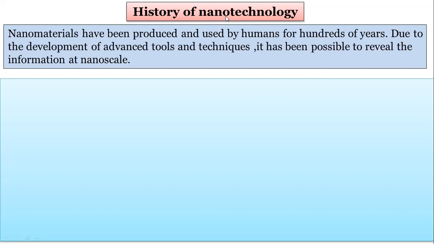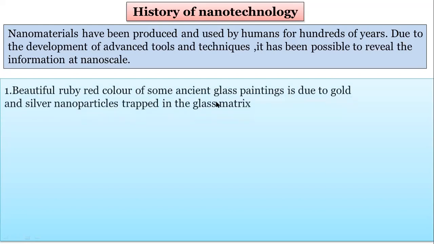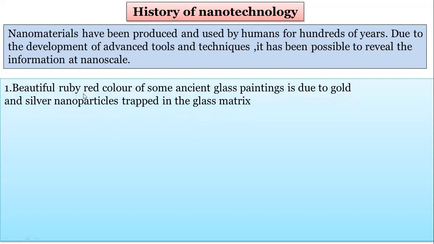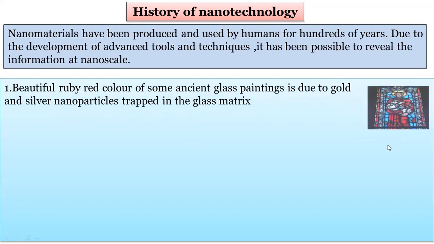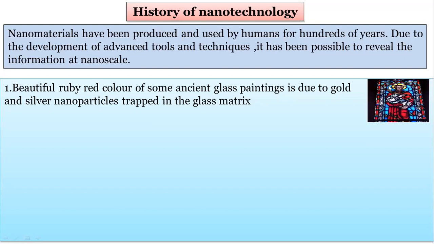Some examples I have given here indicate that we have been using nanotechnology for hundreds of years. See, the first example is the beautiful ruby red color of some ancient glass paintings. This ruby red color is due to the gold and silver nanoparticles trapped in the glass matrix. See this picture I have shown here purposefully.